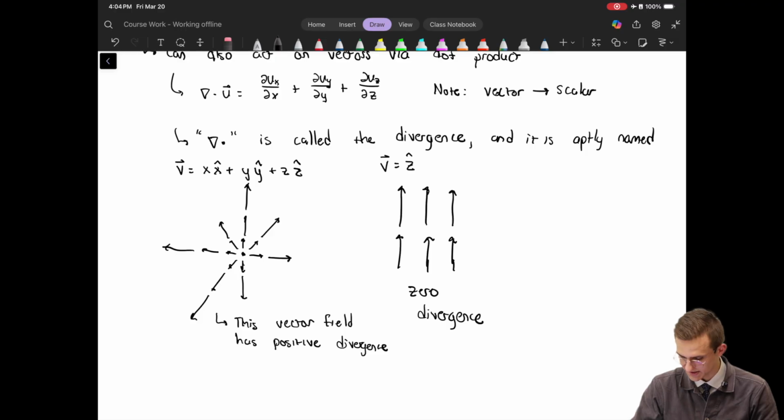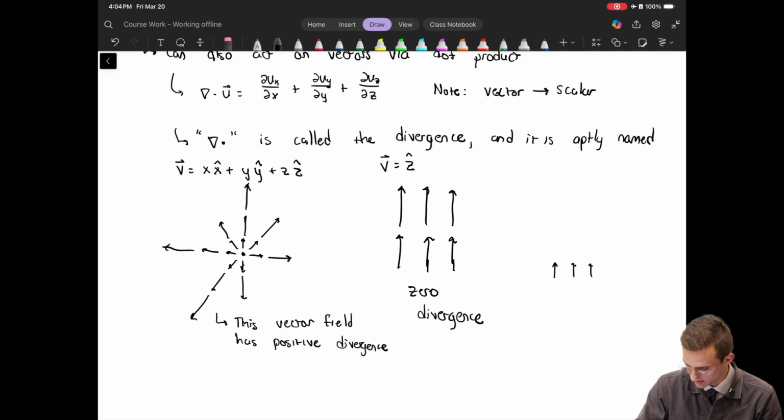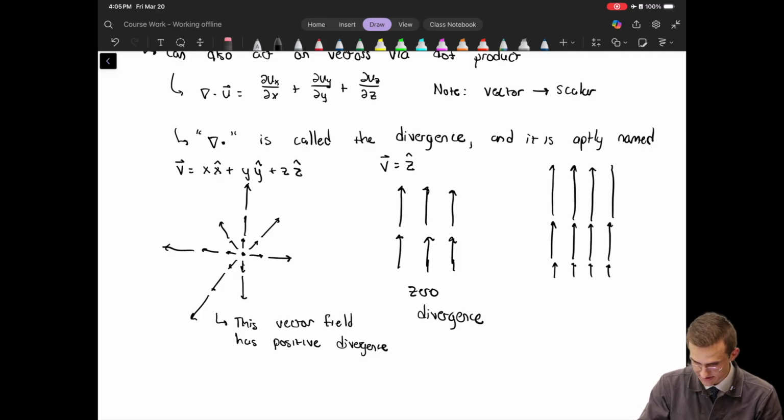And then there's also this other type of case where the vectors are not necessarily spreading out from a location, but they're changing in magnitude as you move in one direction. So this is like, instead of v equals z hat, it's v equals z times z hat.